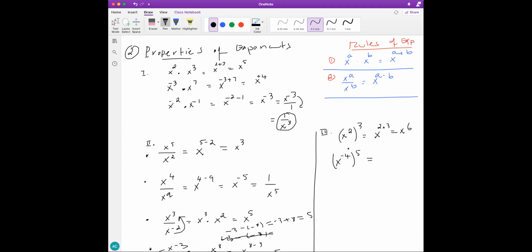So again, one base, two powers. What do you do with the powers? We multiply them, so it would be negative 4 times 5. So x to the power negative 4 times 5, which is x to the power negative 20. But we don't want a negative power. How do you make it positive? You would do 1 over x to the 20.